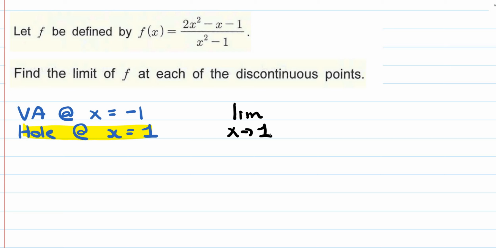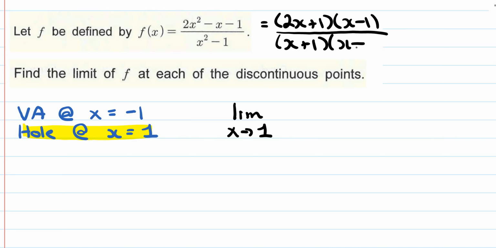Let's just factor the function up here again for the third time, and I apologize for repeating the same information. If I go ahead and cross those out, what really survives is the 2x plus 1 all over x plus 1.